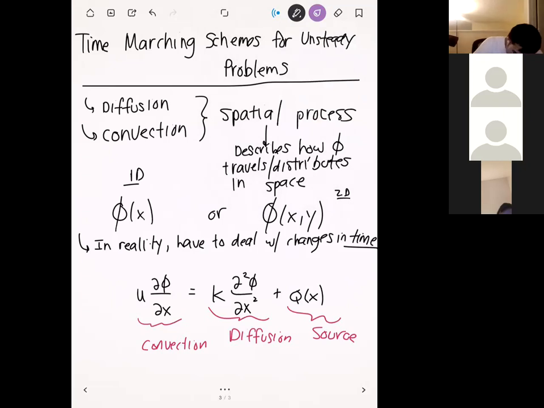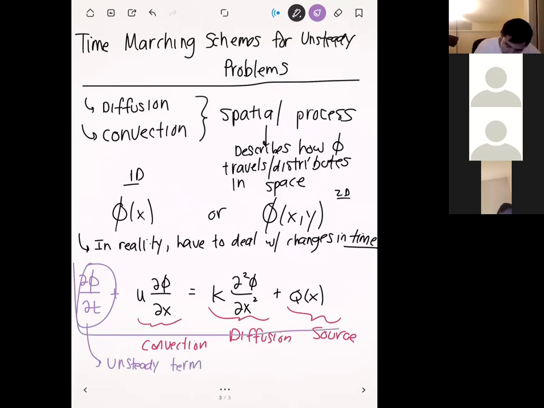Okay, and that's the term with the time derivative. Okay, and so this term, because it has a derivative with time, we call this the unsteady term. And if you look back to our review of fluids and heat transfer, you can see that now that we've added the unsteady term, we've basically added all the terms that we want to consider in this equation.